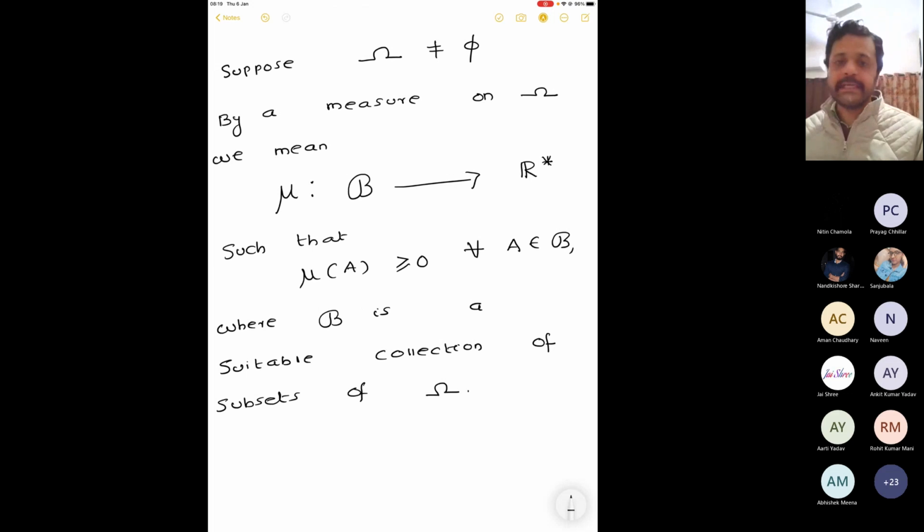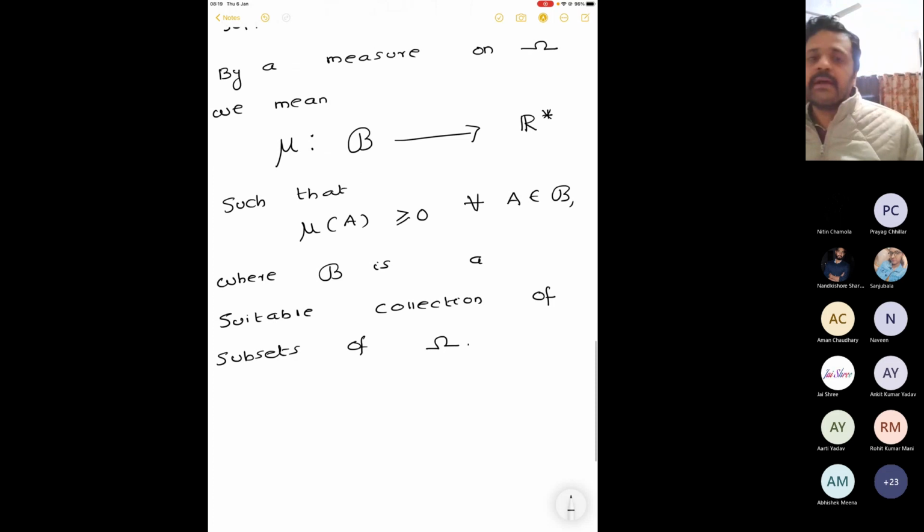Given a non-empty set, you want to measure all possible subsets of omega. Well and good if you can measure all subsets of omega. Otherwise, some suitable subsets of omega you should be able to measure.